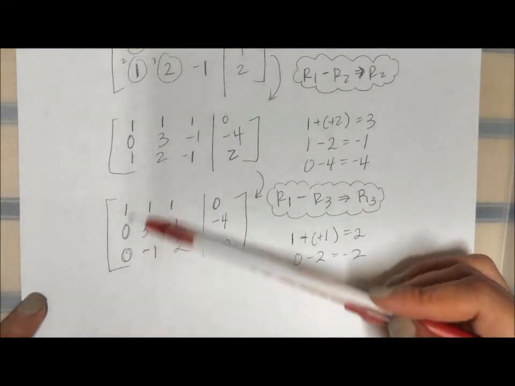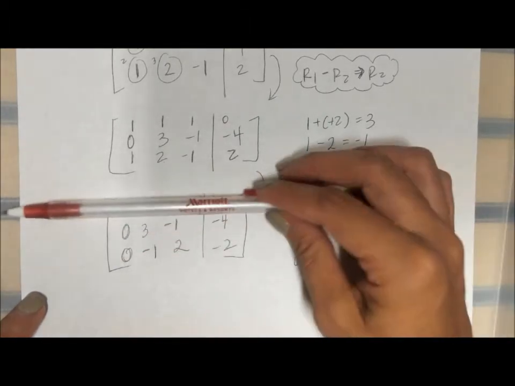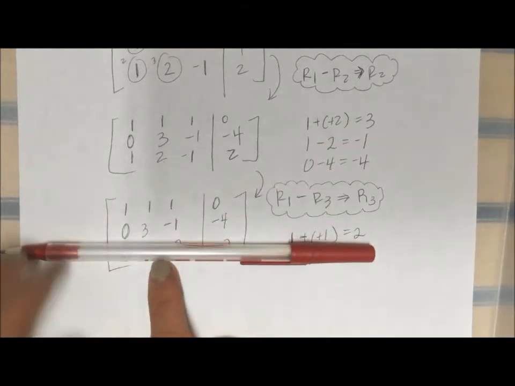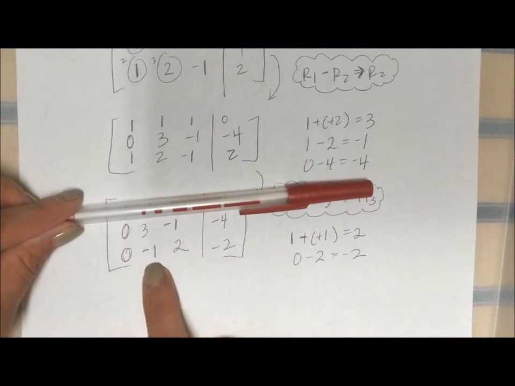So once I fixed this column, now I can only look right here at these two rows to try to get this guy right here as a 0.